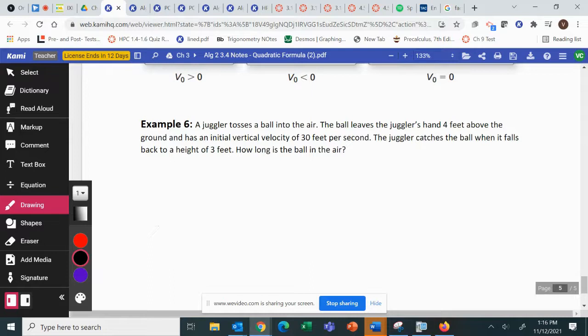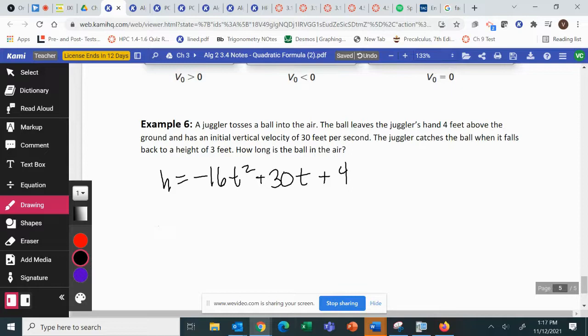Second one. So we're going to set up h equals negative 16t squared plus, since he's throwing it up, 30t plus, he's starting at a height, h sub 0, of 4 feet.